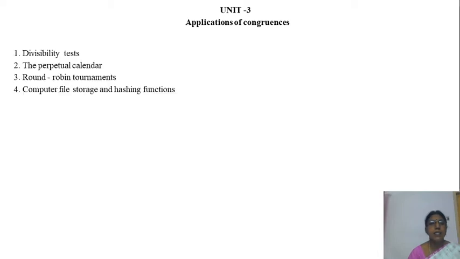This is Hari Prasanna. In number 3, we are going to start unit 3, which is the applications of congruence. First we see the topics in this unit. First one, divisibility tests. Second, the perpetual calendar. The third one is round robin tournaments.